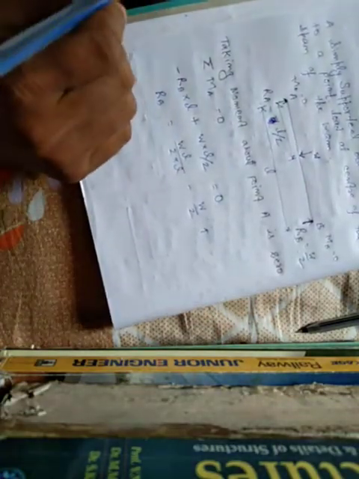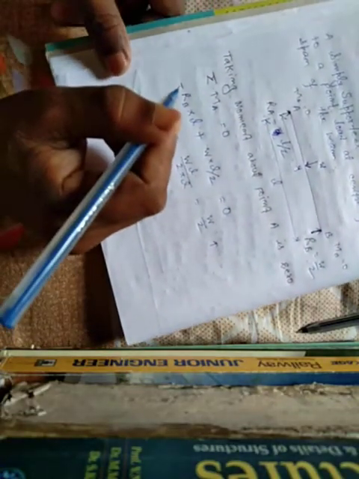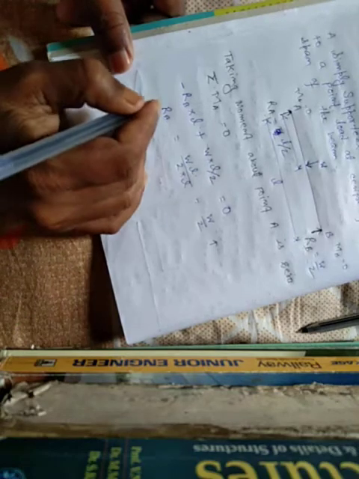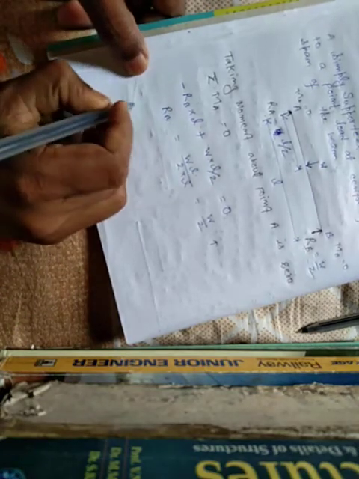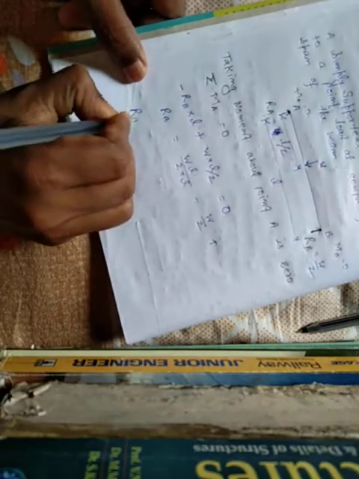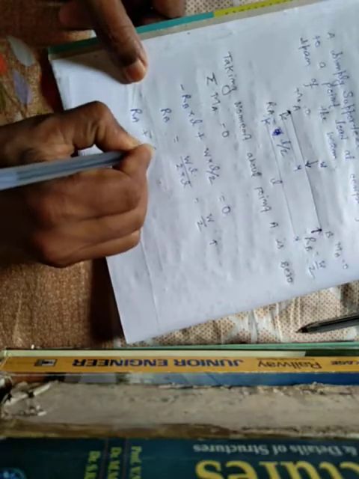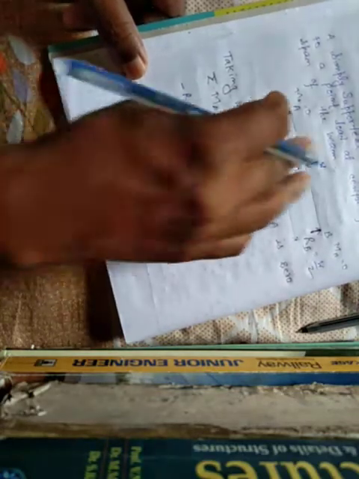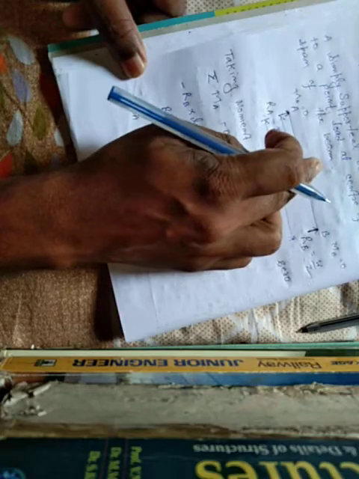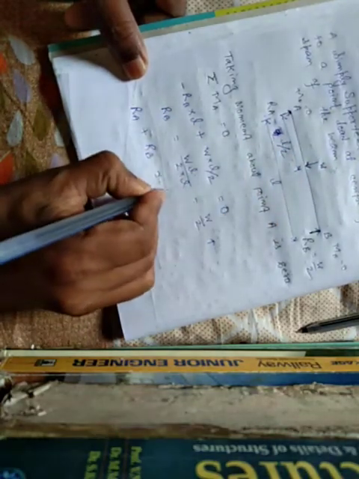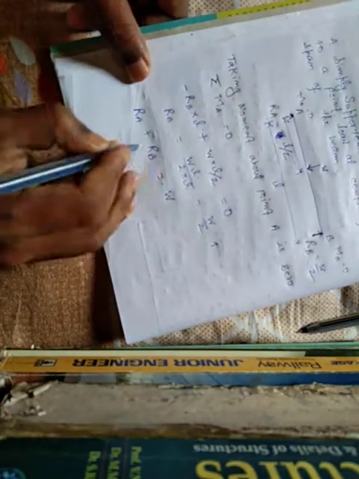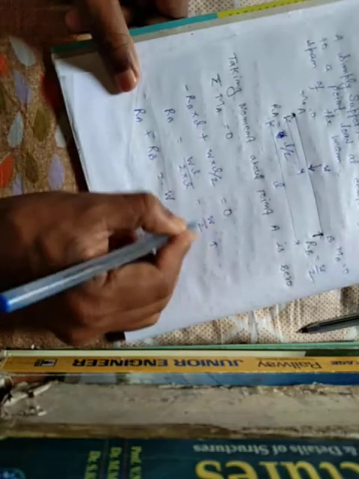Similarly, we also calculate the RA. How to calculate the RA? Reaction RA plus reaction RB is equal to the total load applied on the beam, that is W. We know RB equals W by 2.